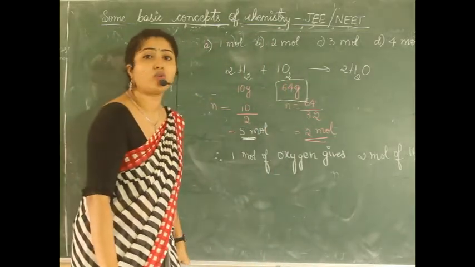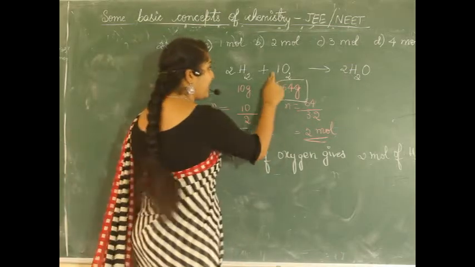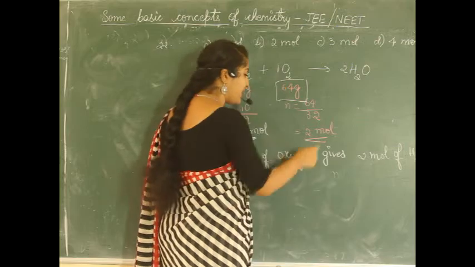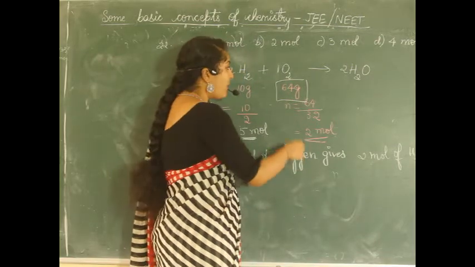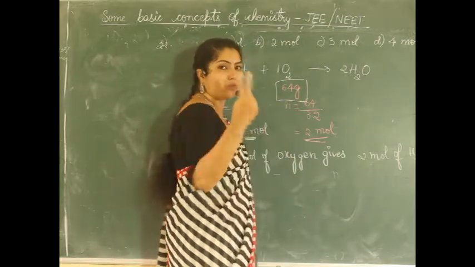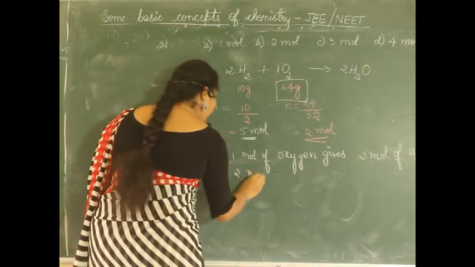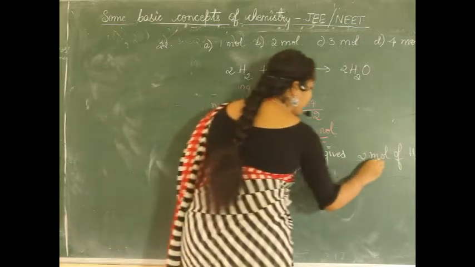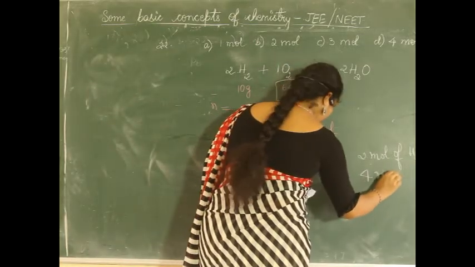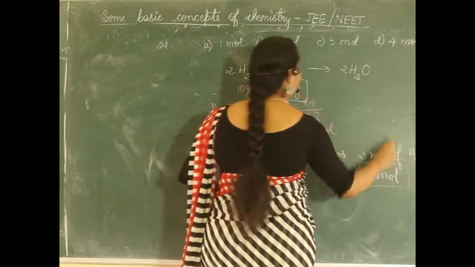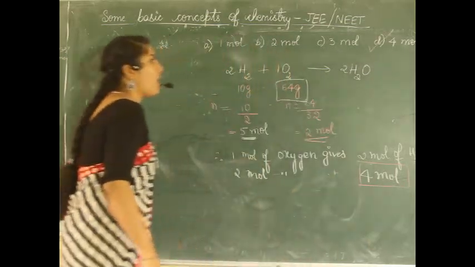That means it is of 2 mole, 32 plus 32. In the equation it is 1 mole, 32 only. But this is given for 2 moles. Are you getting the point? Therefore for 2 moles of oxygen, it will be 2 2s are 4 moles of water. That is why D is the right option there.